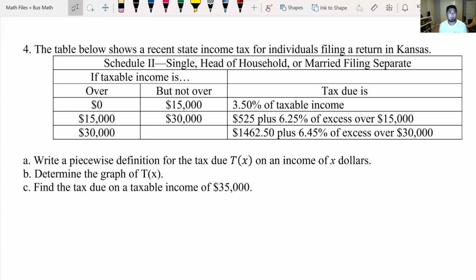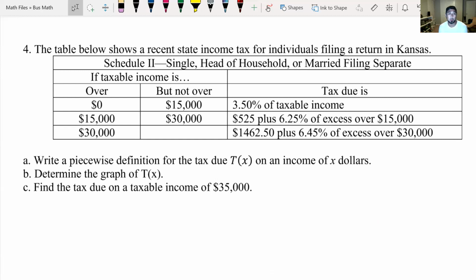If the individual makes between $15,000 and $30,000, then the individual will pay $525 plus 6.25% of excess over $15,000.